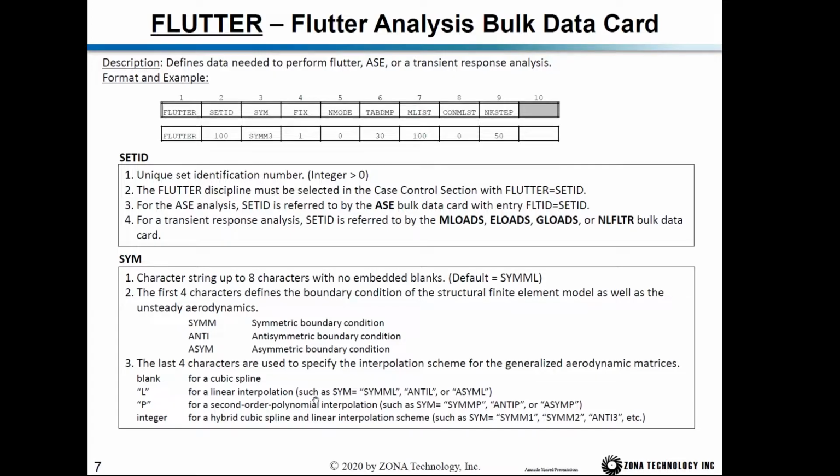This interpolation scheme, if it's blank, is QB spline. If you add L, it's a linear interpolation. If you add P, it's a second order polynomial interpolation. If you put an integer, it's a hybrid QB spline and linear interpolation scheme.